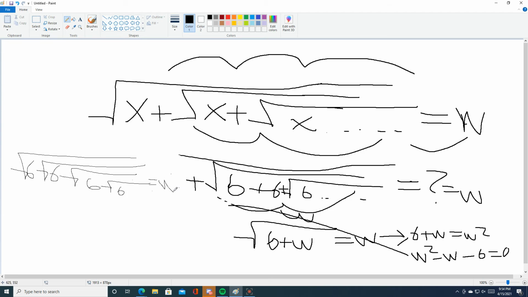And this equals w. Well, we can use the same logic. This is going into infinity. This is now w. So it becomes the square root of 6w equals w. And then that means 6w equals w squared. And then that means that w is equal to 6. And so it works out nicely.